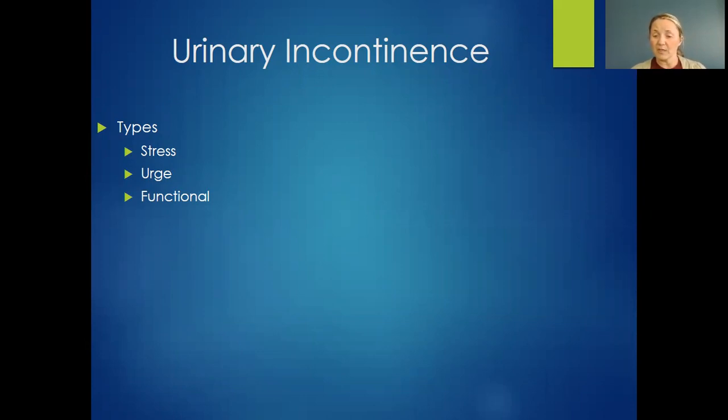So management of incontinence is going to depend on the type of incontinence and what you're going to do about it. One of the things we can do is Kegel exercises. So Kegel exercises are the most commonly used method to strengthen the pelvic floor muscles, and are performed and found helpful for stress and urge incontinence.